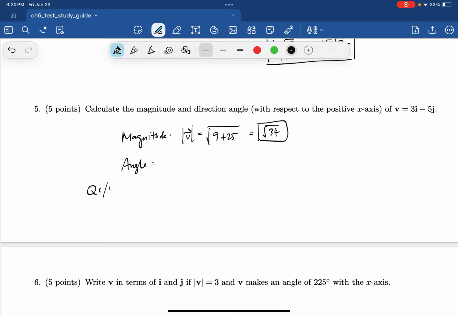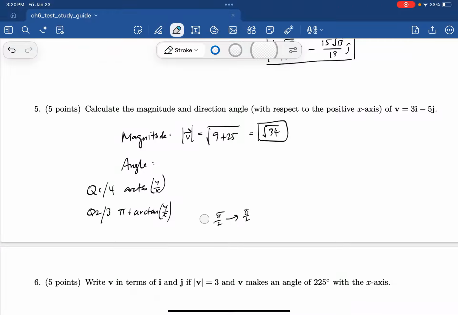So for quadrants 1 and 4, we have arctan y over x. And for quadrants 2 and 3, we have pi plus arctan y over x. Make sure you're able to calculate those arctans accurately. Remember that arctan always has to be between negative pi over 2 and pi over 2. So that is definitely essential.